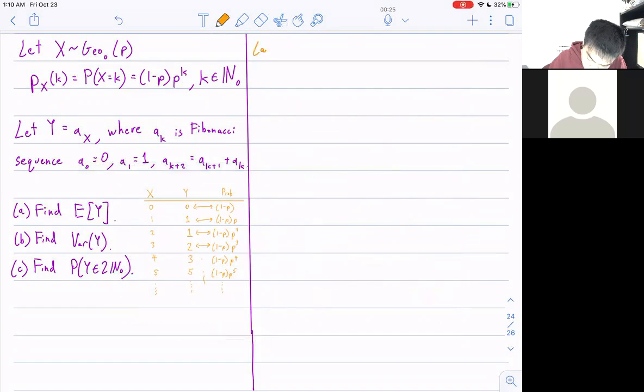So for problem A, we have the expected value of y. When written out, it's going to be literally the sum from k equaling 0 to infinity of a of k times each of these resulting probabilities, 1 minus p times p to the kth.